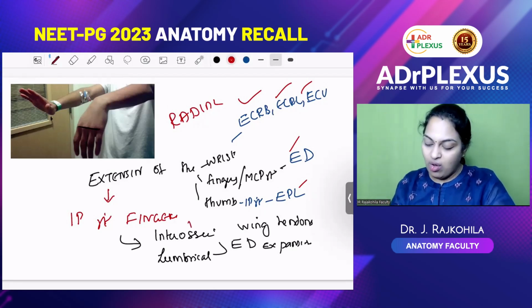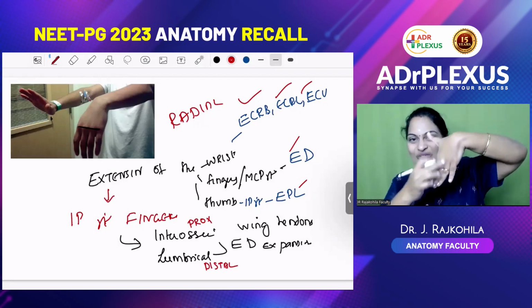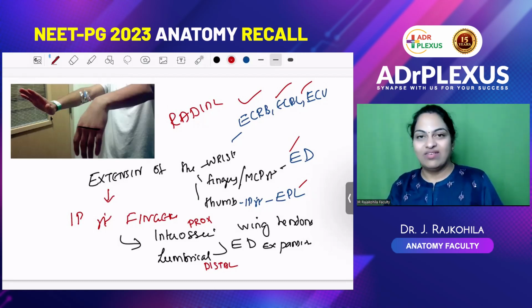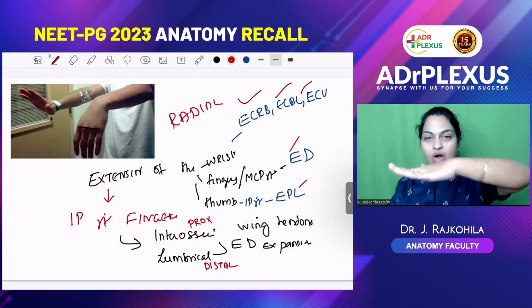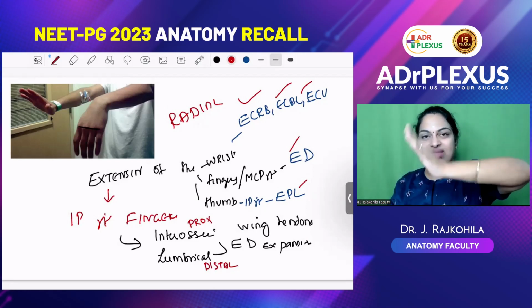The interossei are the proximal wing tendons and the lumbricals are the distal wing tendons. So the extension of the interphalangeal joint is not lost in radial nerve injury. Okay. So the cock-up splint for radial nerve injury is to prevent all these drops: wrist drop, finger drop and thumb drop.